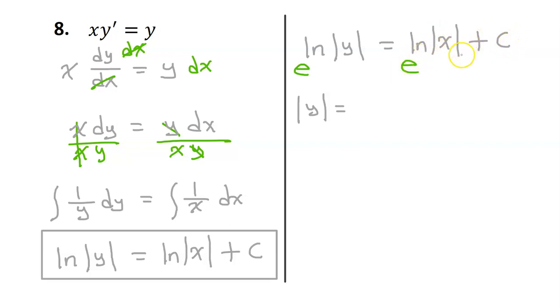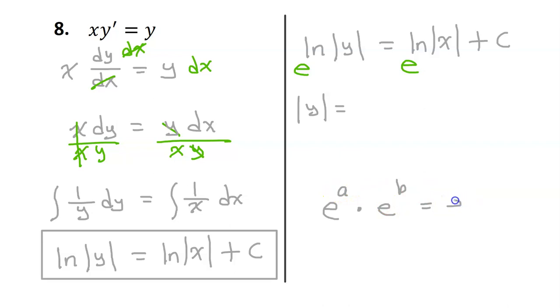So what do I do? I am going to use properties of logarithms to turn this into a product. What am I talking about? Imagine that I had e to the a power times e to the b power. When you multiply with like bases, you can add the exponents.